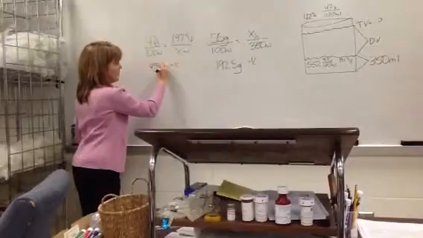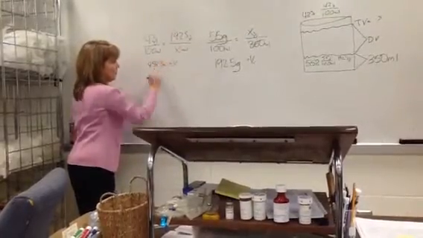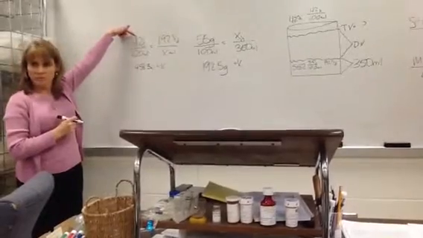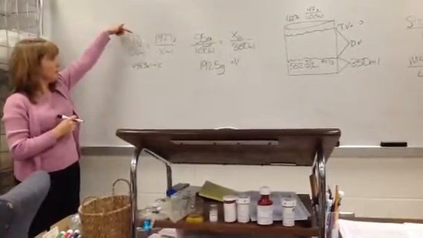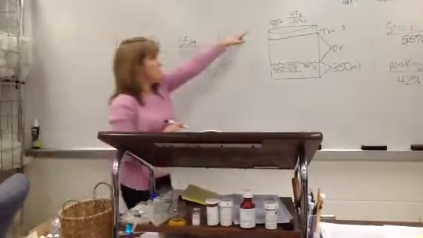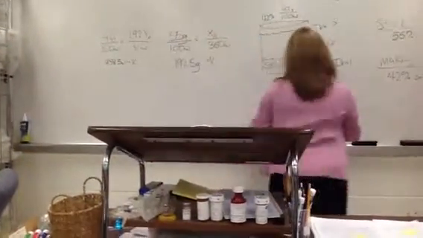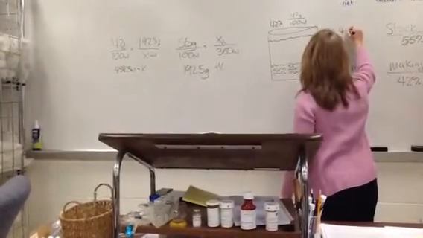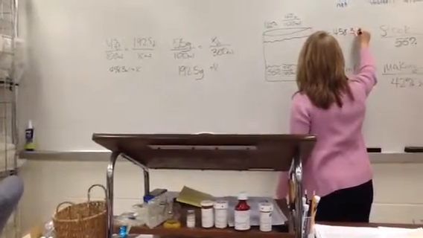458.3 mLs. What have I just calculated? The amount of what? Total volume. I've calculated the amount of my 42%, and my 42% is here, so essentially I've calculated the total volume. So I've got 458.3 mLs.